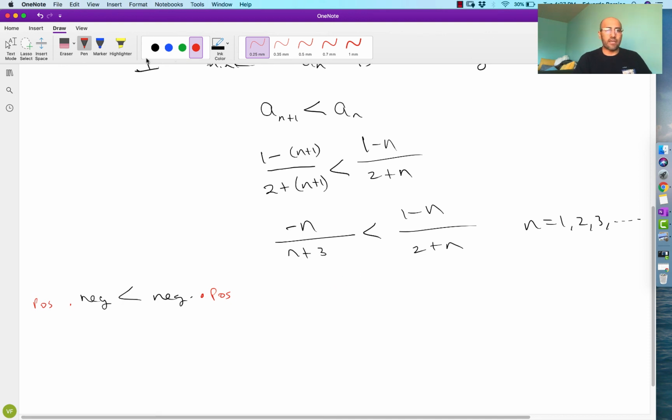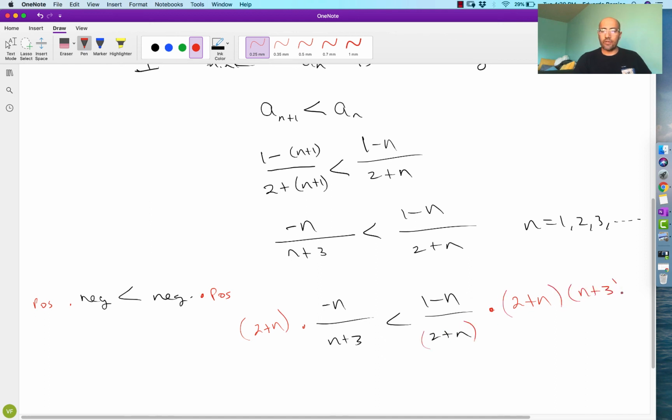We have negative n over n plus 3 less than 1 minus n over 2 plus n. I'm going to multiply both sides of the inequality by 2 plus n, which is a positive number, and I'm also going to multiply by n plus 3, again another positive number, so the inequality stays the same. Now these cancel, and these cancel.